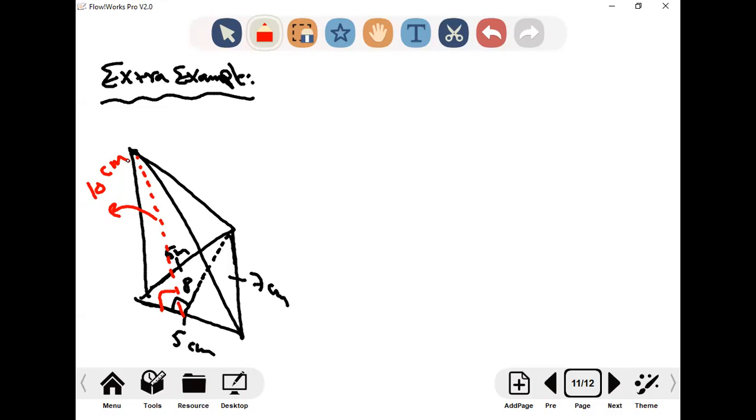So we have 16, 16, 16, 12.2, 12.2, 12.2. So the 3 triangles up have the same base and the same height, so they have the same area. Got it? But the triangle down, the base, is 12.2, but its height is different, 10.6. So the triangle on the base has a different area from the 3 triangles up.